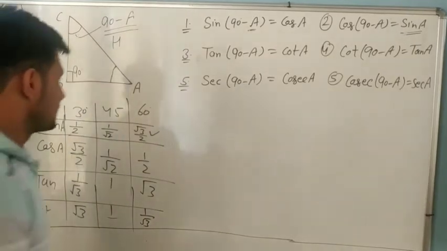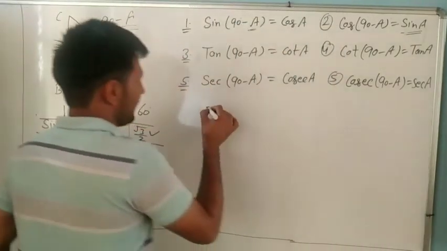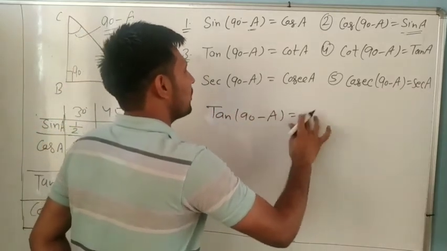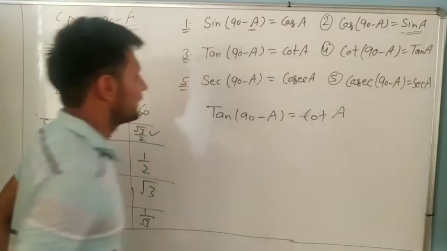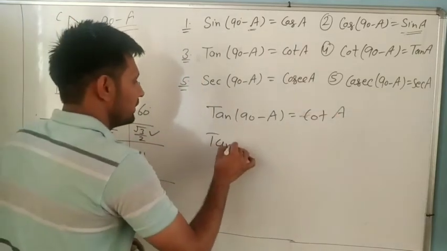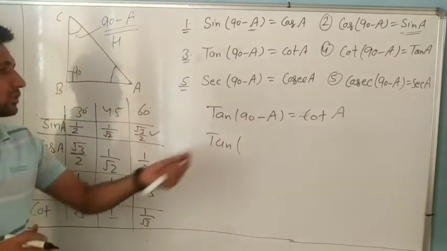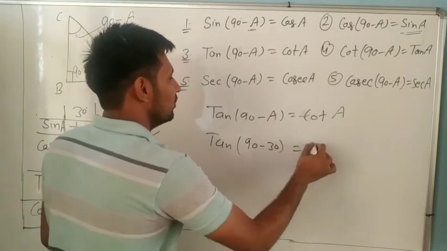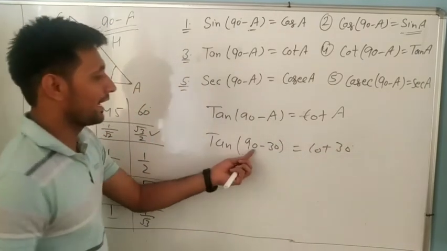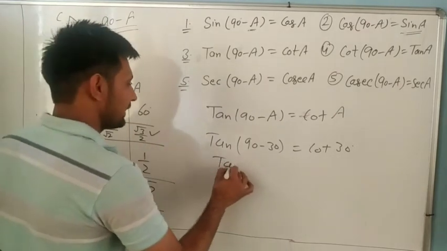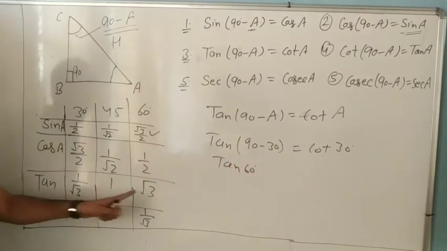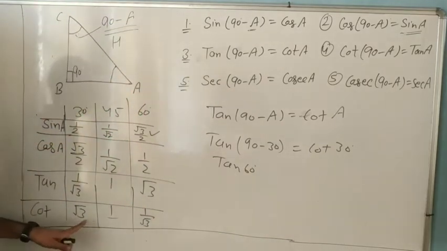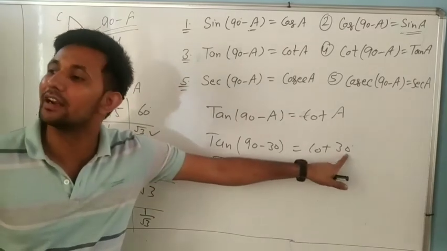So look at tan 90 minus A. Always remember tan 90 minus A is equal to cot A. You can take any angle. Suppose tan A is 30 degree. Tan 90 minus 30 is equal to cot 30, or not? Look at 90 minus 30, tan 60. Tan 60 value is root 3, equal to cot 30, which is root 3. Angle 60 plus 30 is 90.